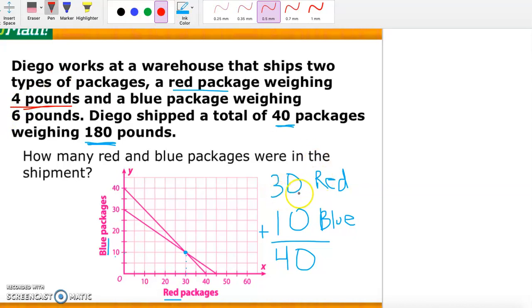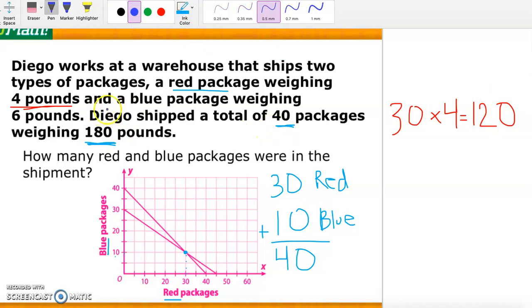And I know I have 30 red packages. So if I have 30 red packages and they each weigh 4 pounds, how many pounds total of red packages? I can just multiply 30, my amount of packages, times the weight of each package. That equals 120 pounds of red packages.